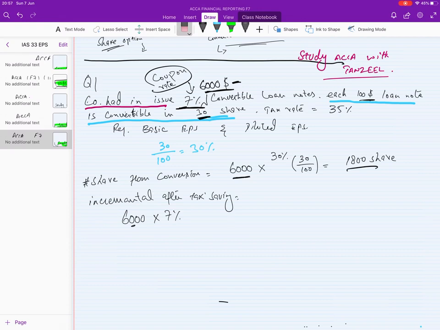Because you already paid this, you don't have to pay interest on it. So you saved 7% interest on 6,000, and the actual amount you saved is 420.